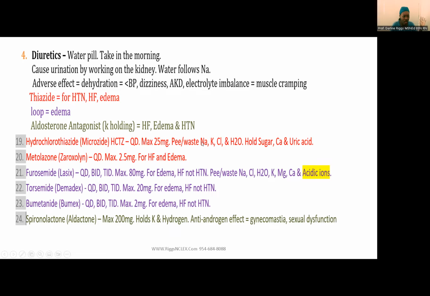We talked about digoxin in the past to death, and you know we never want a client on digoxin and hypokalemic. So you don't ever want to see a client on digoxin and hydrochlorothiazide, because they're going to be hypokalemic, which is going to make them toxic on digoxin. Nice high-level question. Don't want to see that.